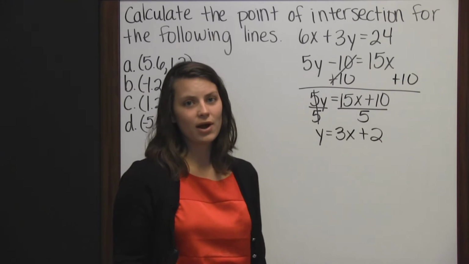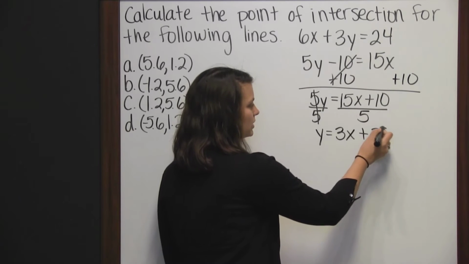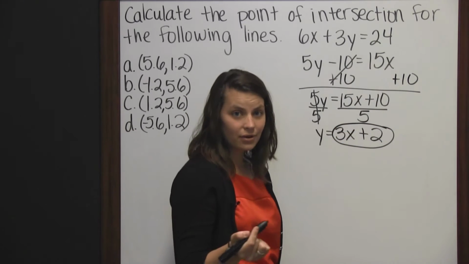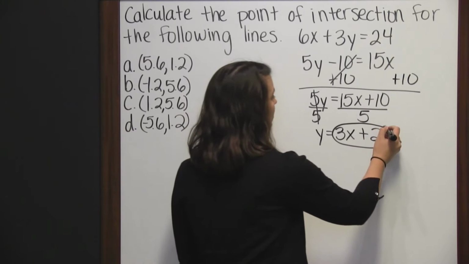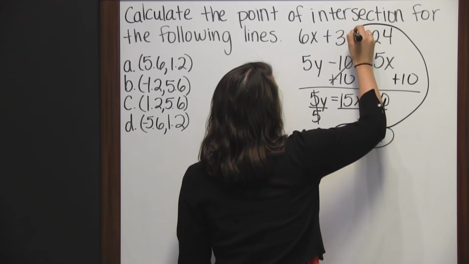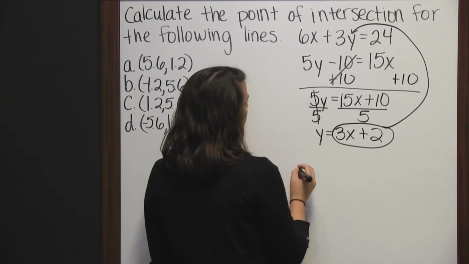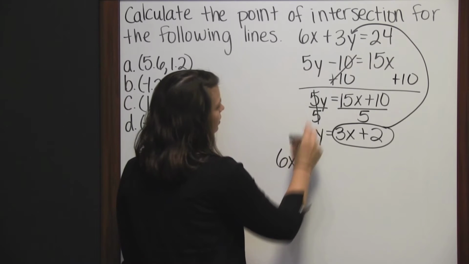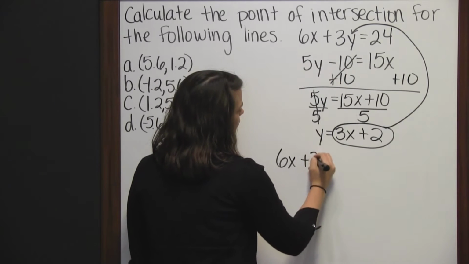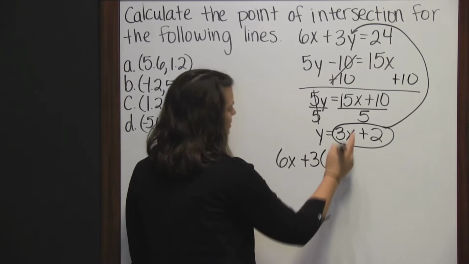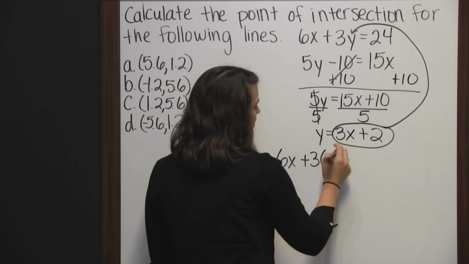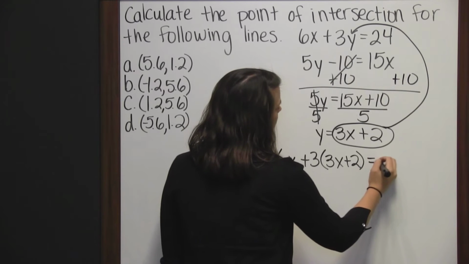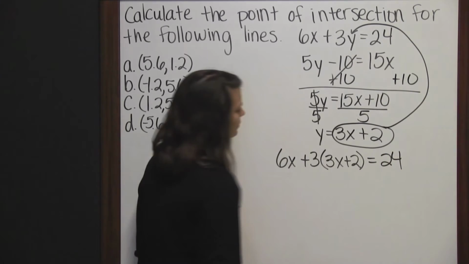Now that I've solved for y, I can substitute this expression, 3x plus 2, in my other equation for y. So I'm going to substitute that right there, which means that I now have 6x plus 3 times, instead of y, I'm replacing it with the expression 3x plus 2, equals 24.